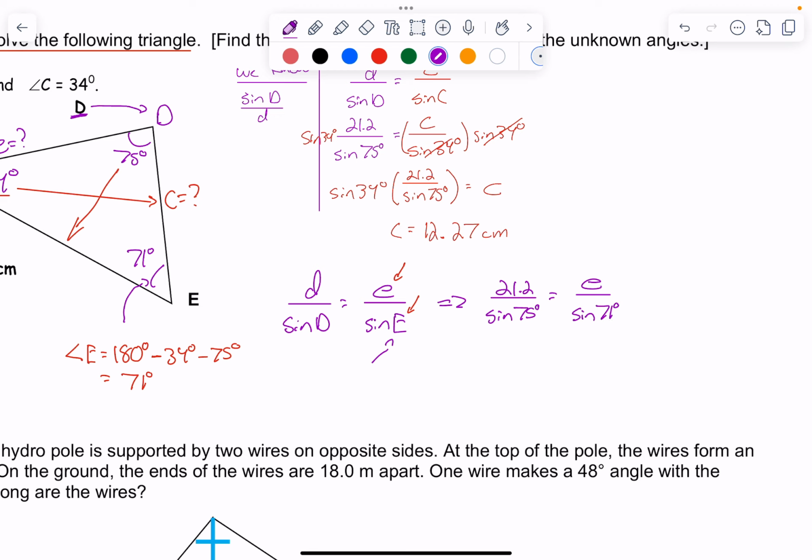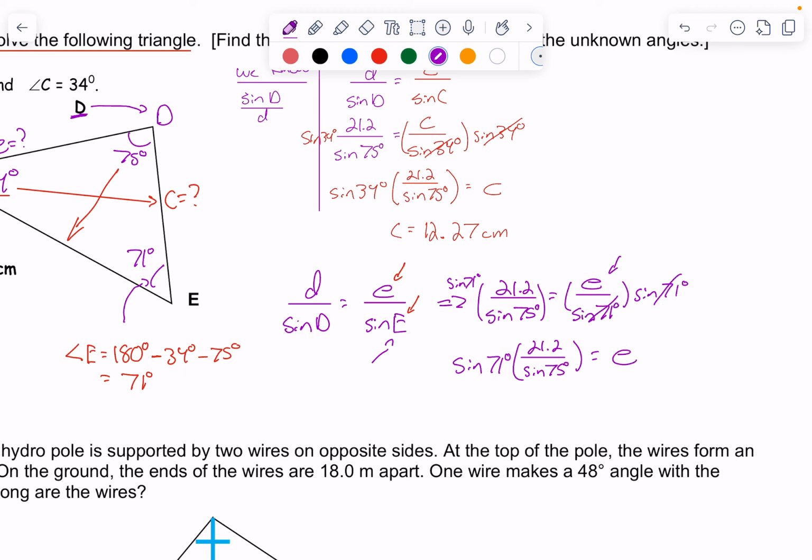So isolate for this E right here. Multiply both sides by sine 71 degrees. So you get sine 71 multiplying 21.2 over sine 75. That's all going to be equal to E, because these cancel.